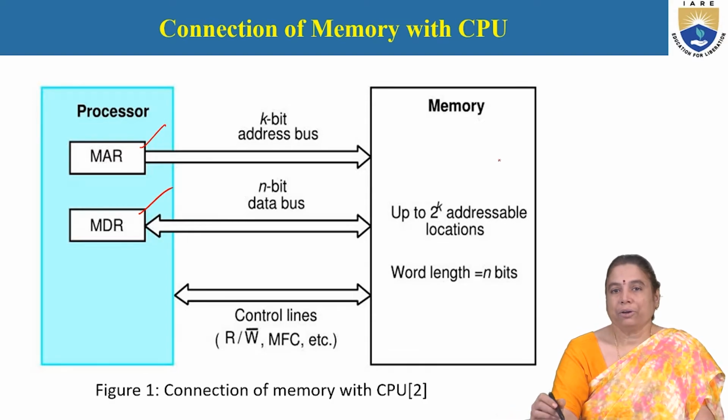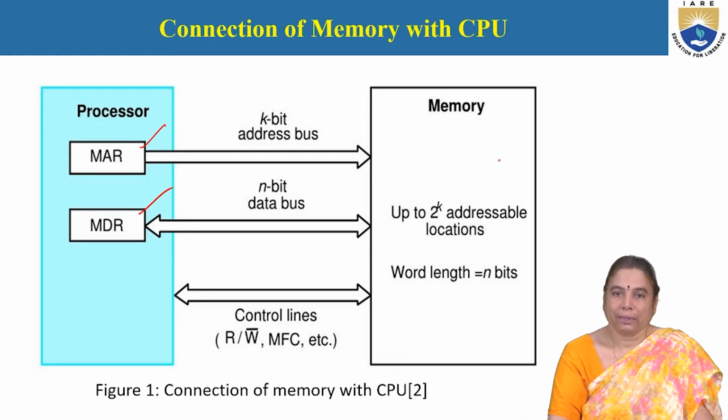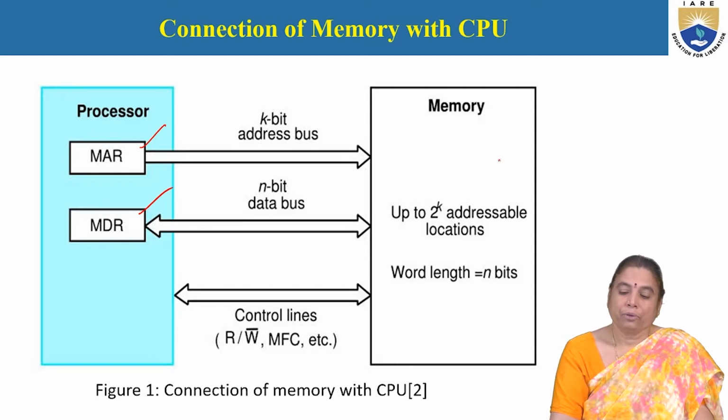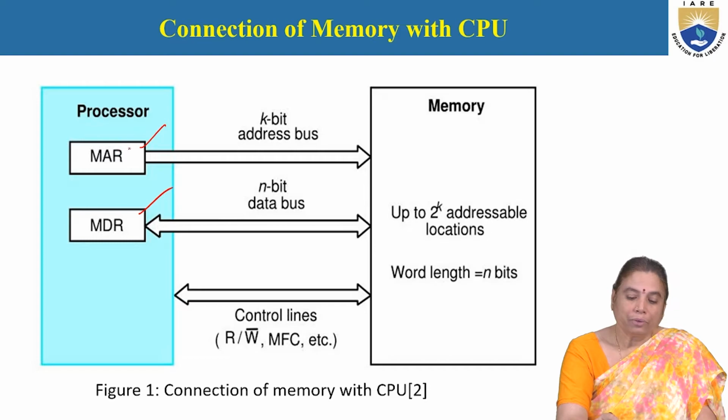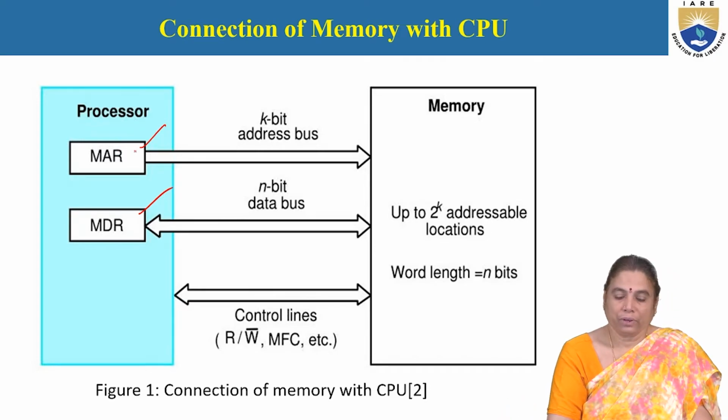Memory is a continuous allocation of storage cells. Each cell can be identified with the help of a unique address. So at which location of the memory the read and write operation can be performed, the address can be stored in the MAR register.